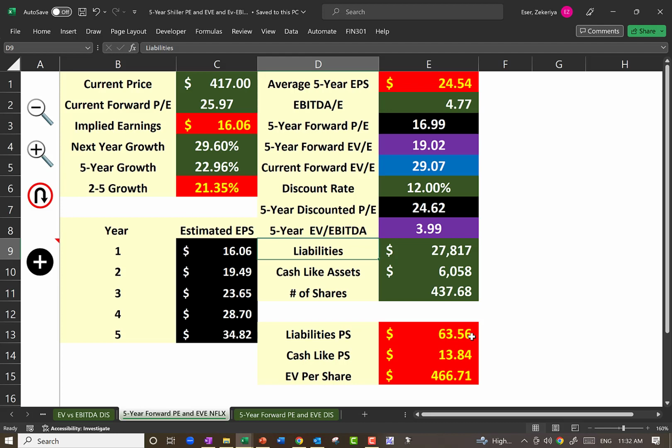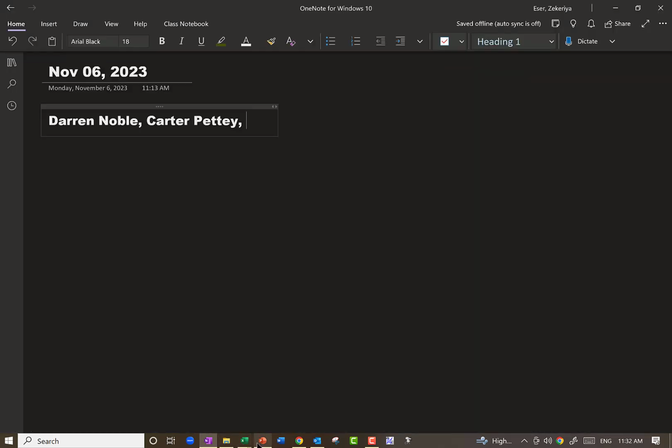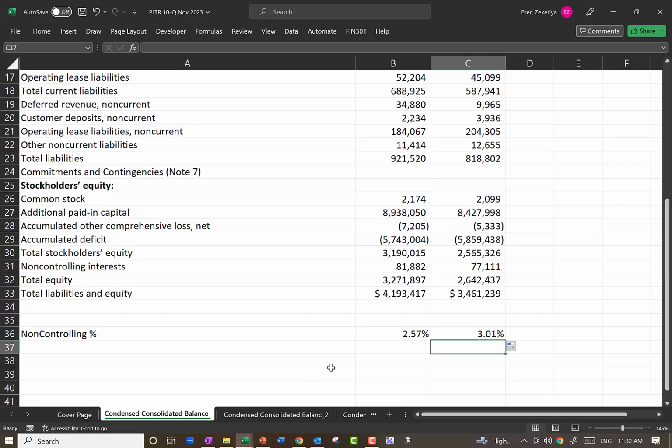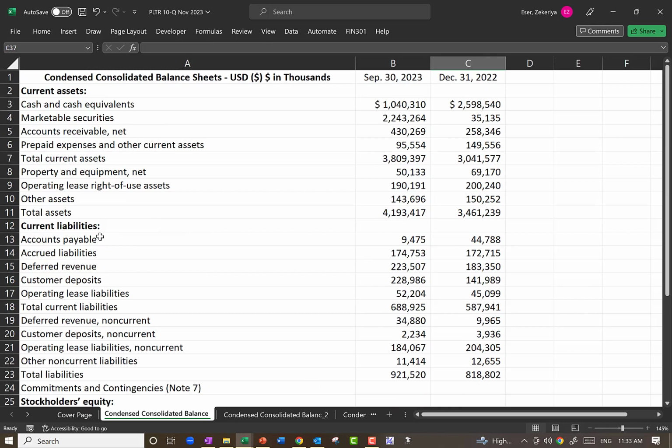The number we use for liabilities, when we were getting it from Yahoo, was basically liabilities net of any minority interest. This percentage actually tells us what that minority interest is.